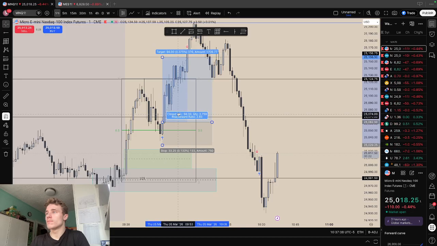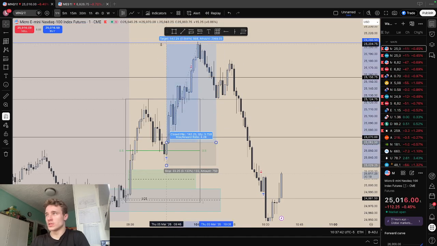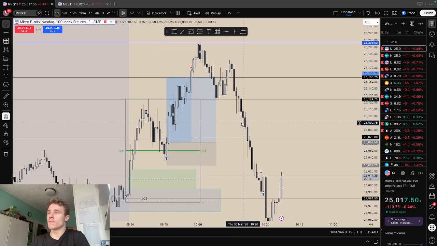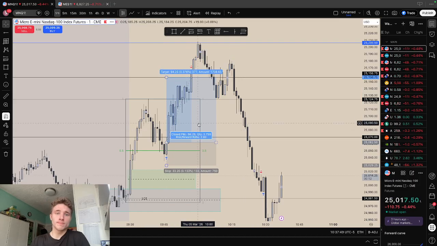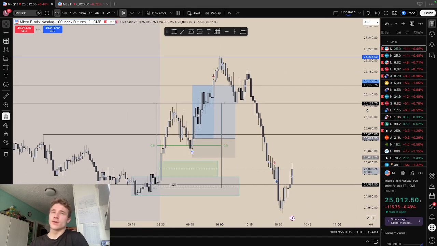That's where I bought, and that's where I took my take profit. I could have held through the London session for a higher risk reward, but I still ended up making some money. This was today's trade, and I made about plus $200.